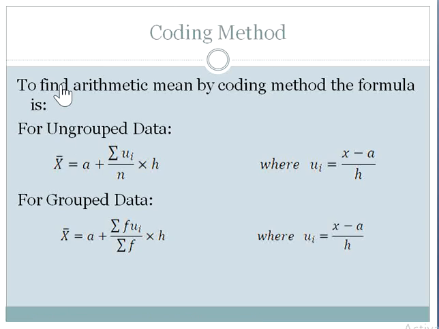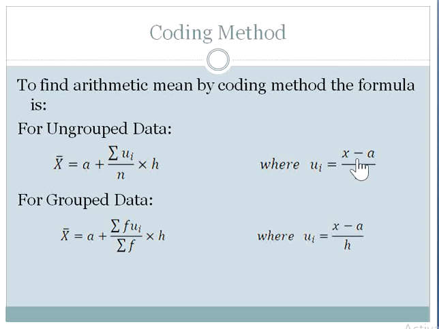To find arithmetic mean by coding method, the formula for ungrouped data is x bar equals a plus sum of u divided by n into h. The main variable in this method is u. So you will transform your random variable x into a new variable u, which is calculated by x minus a over h.